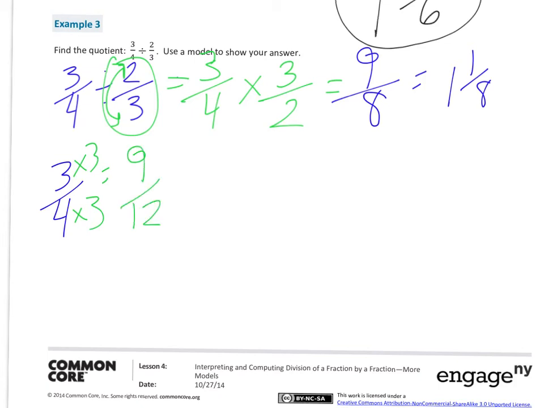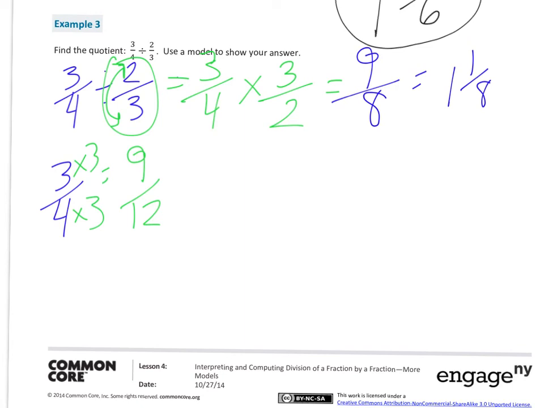Now, just because you did it to 3/4 does not mean you have to do the same thing to 2/3. Don't get the bottom and top thing confused with the fractions themselves. So, I multiplied this fraction, the numerator and the denominator, by 3 to turn it into 9/12. I did not change the value of the fraction, just the way we're expressing it.